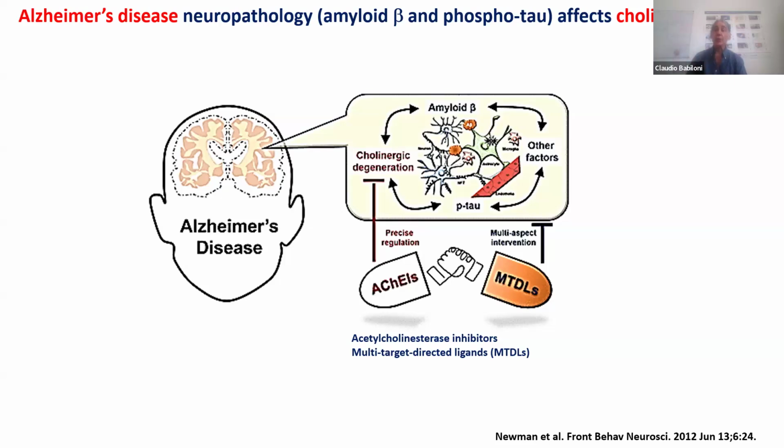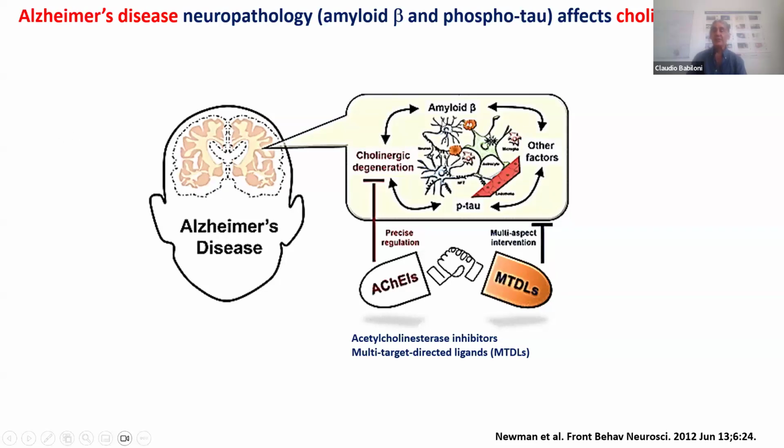We know that the cholinergic system is affected in Alzheimer's disease, and the most diffuse treatment is based on acetylcholinesterase inhibitors enhancing the cholinergic transmission.